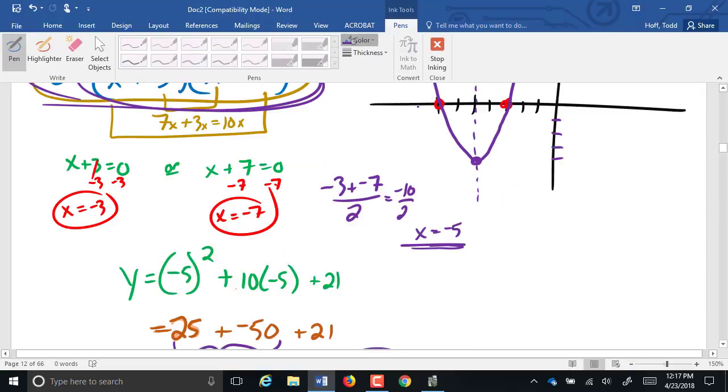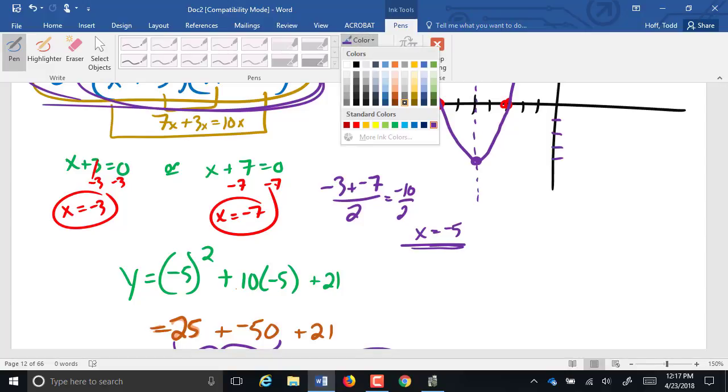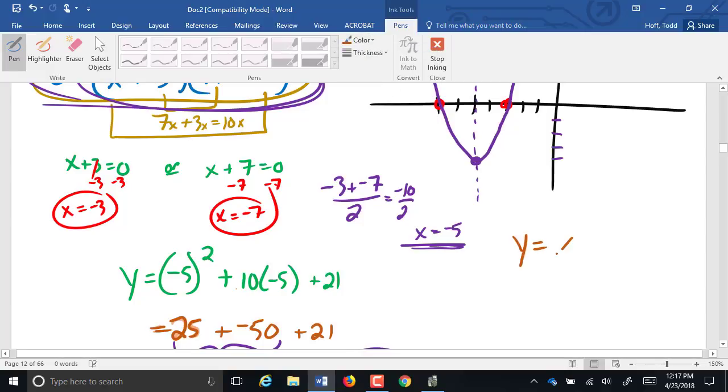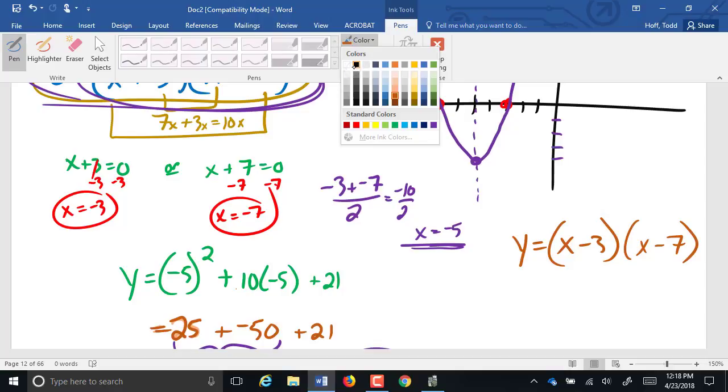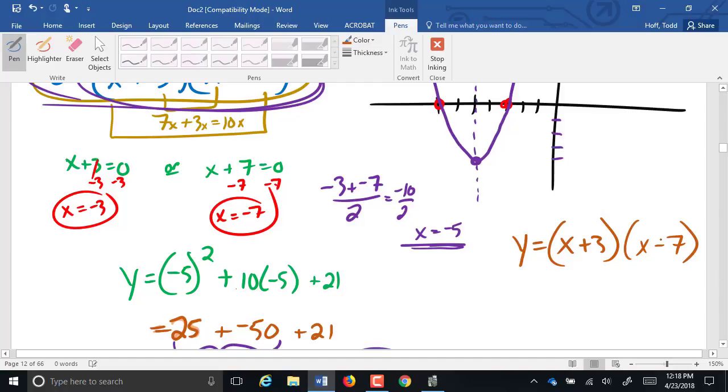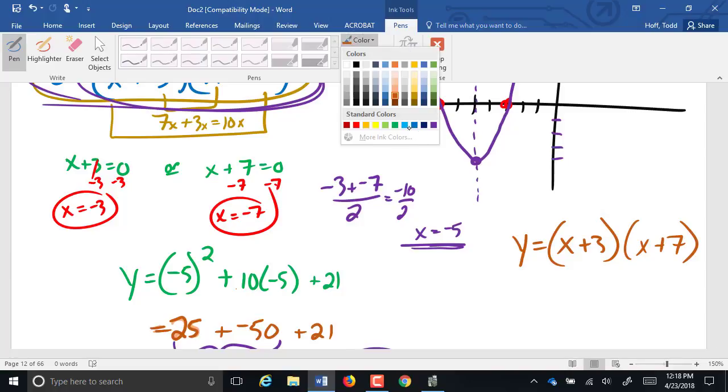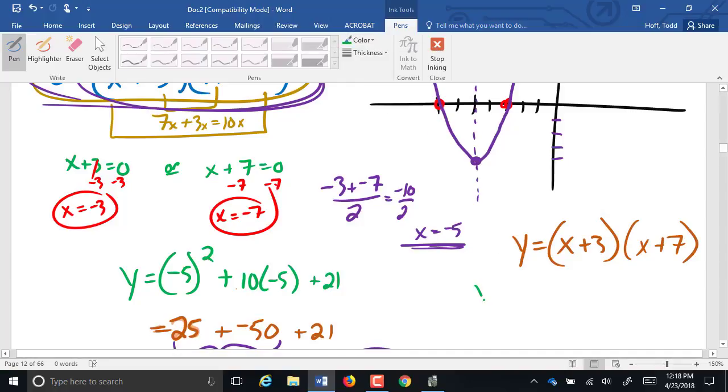You might look at that and say y equals x plus 3 times x plus 7. Sorry, not minus, plus. And you might say it's easier to put that negative 5 in there. So y equals negative 5 plus 3 times negative 5 plus 7.